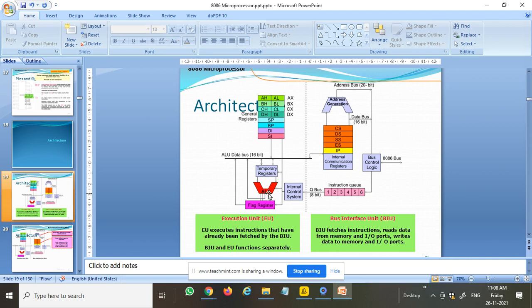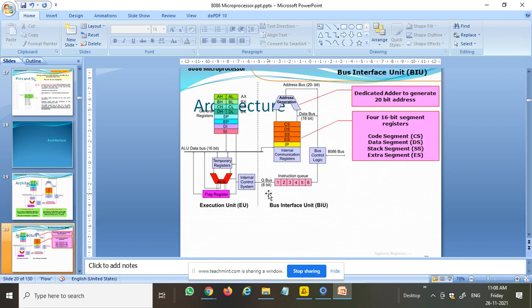Next is the address generation block. What is the function of the address generation block? It is a dedicated adder to generate the 20-bit address.